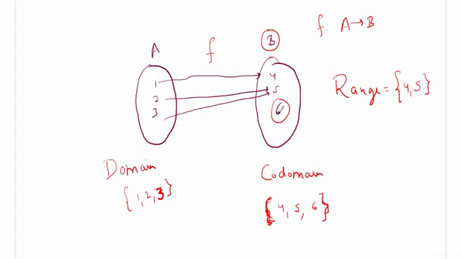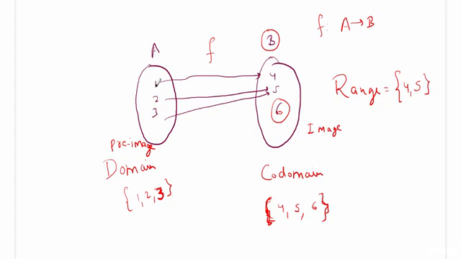Makes sense, guys? There are some other words also which are used in general. The elements of set A are also called pre-images, and elements of set B are also called images.